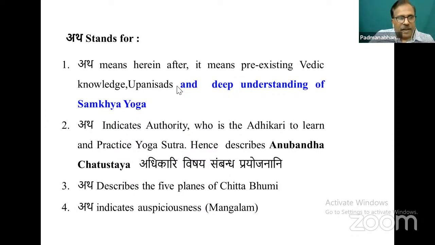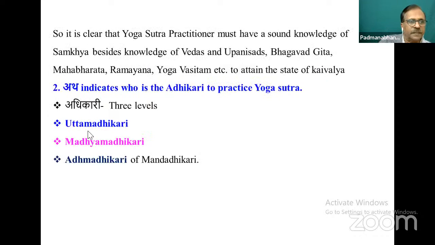And the last atha indicates auspiciousness, mangala. These are the four interpretations given in the commentary written by Vyasa.